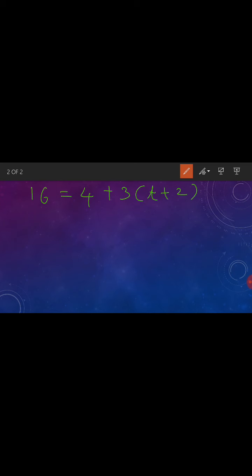So now what you will do? This is your solution. 16 will be as it is, 4 will be as it is, and now we will open the bracket. As it is having plus sign, so sign will not change. 3 into t, 3t plus 3 into 2, 6.